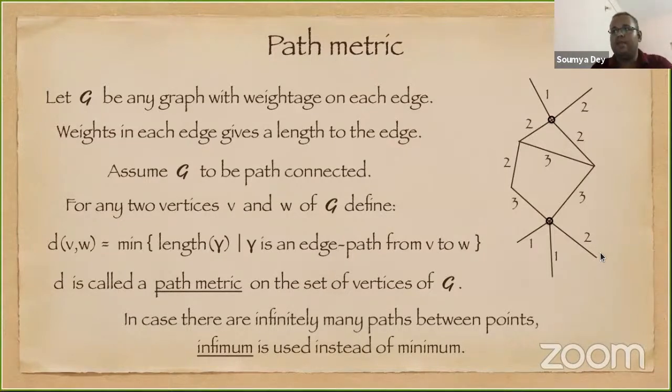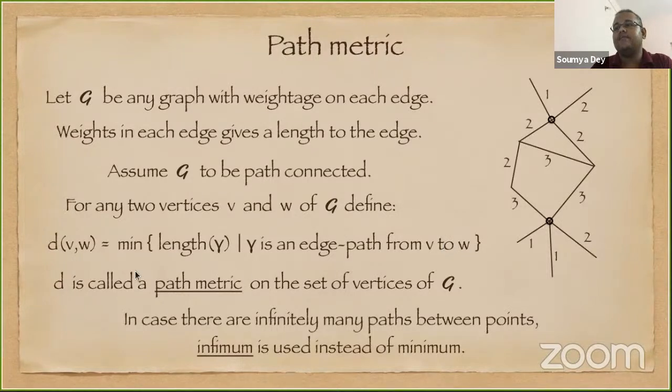So now what is the aim? I am trying to define a metric on the set of vertices of this graph. As of now, there is no metric, right? Only there are some weights. Now, how do you define this metric on the vertices? Suppose you take some V and some W from your graph, and you define this thing.